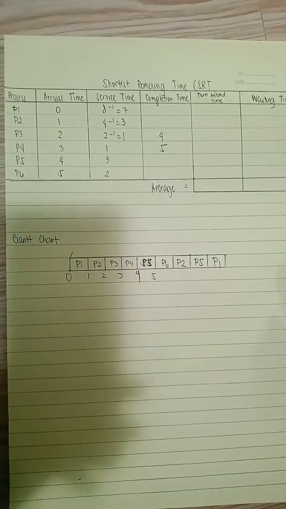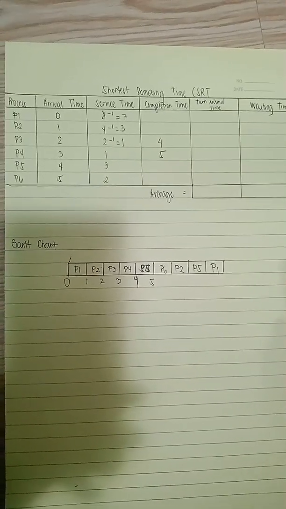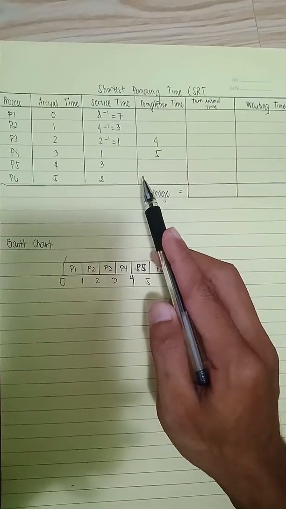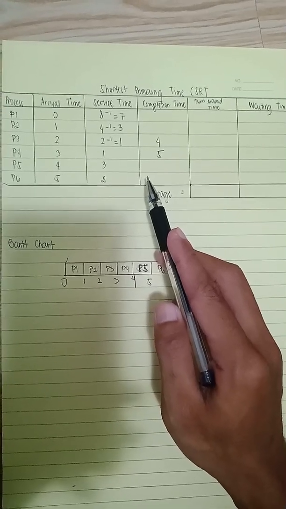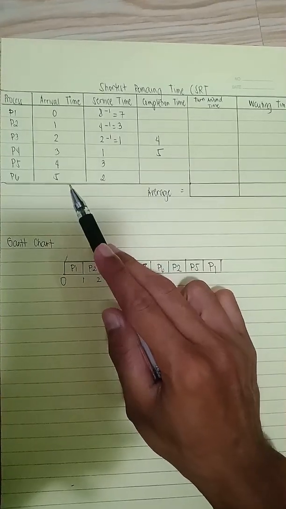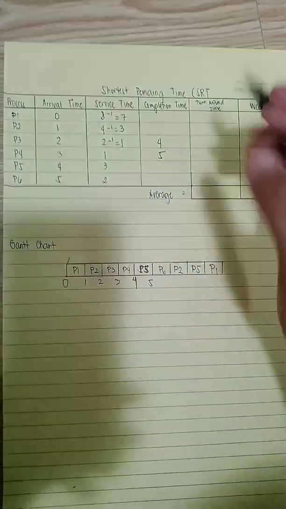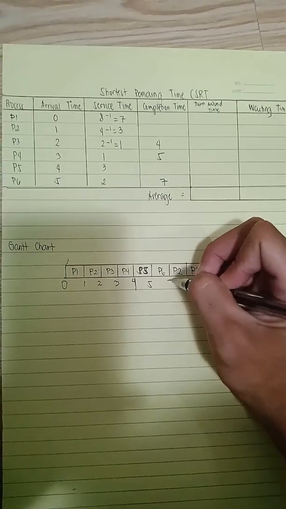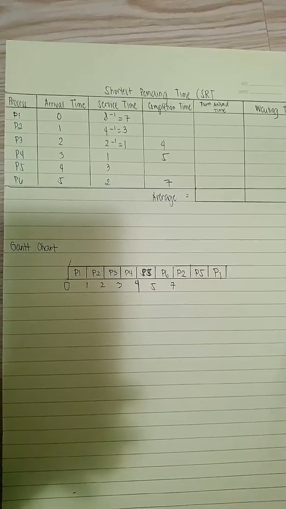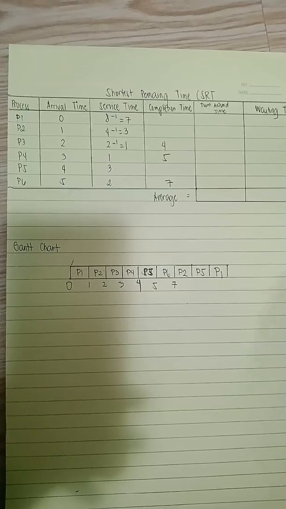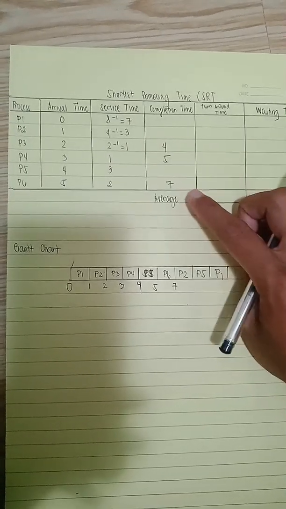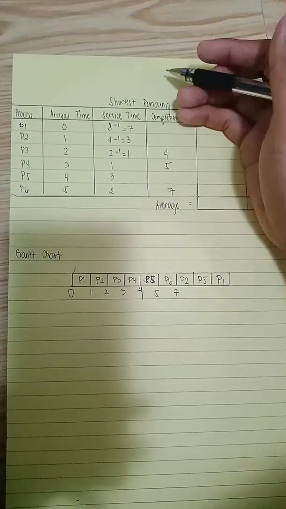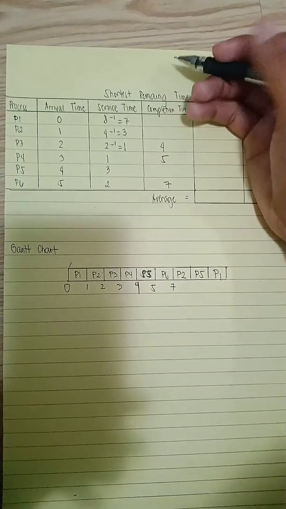Now, we will compute the completion time. The completion time of P6 is 7 because 5 is the arrival time and 2 is the service time. Next is P2. The completion time of P6 is 7 plus the service time of P2, which is 3. Therefore, the completion time of P2 is 10.